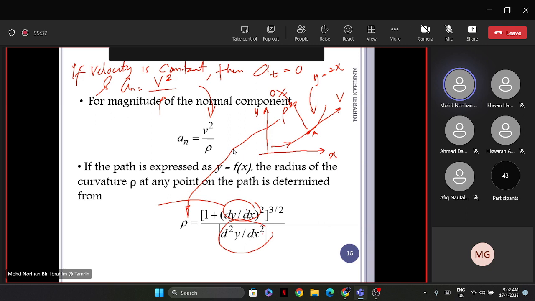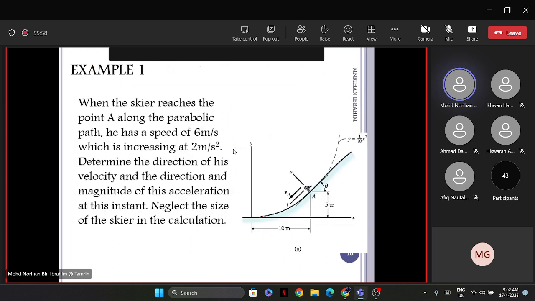We take the derivative with respect to x, not the time derivative, because this one is y dengan juga x. So kalau dy over dt tu lain. So maknanya the first step of derivation, and this one is the second step of derivation, d squared y over dx squared. Kita akan lihat pada contoh nanti sebentar.